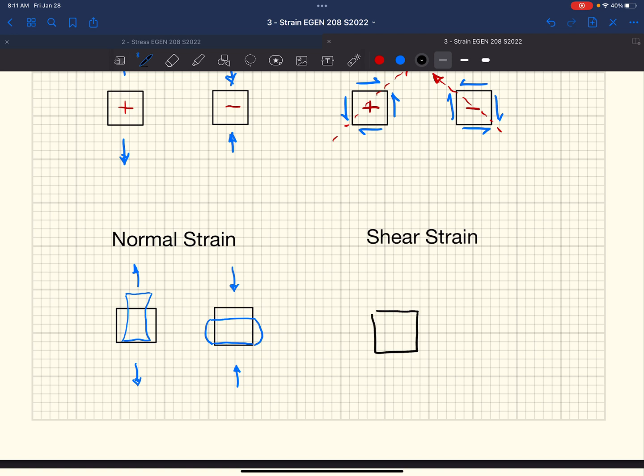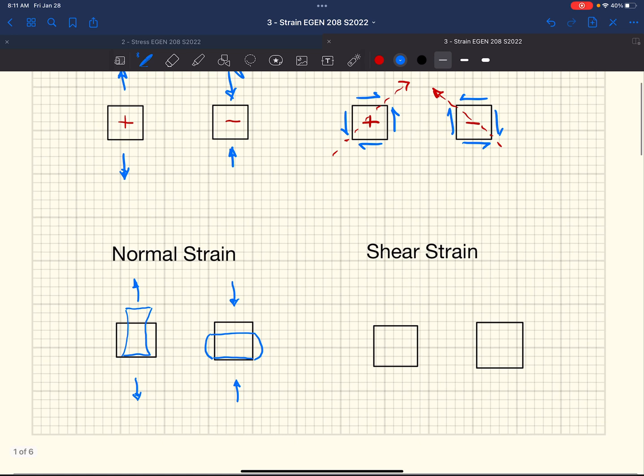Similarly, we have two directions for shear stress, so we would have two directions for shear strain. If we have a positive shear stress, it's going to do something like this to our existing block, and our deformed shape would look something like this.